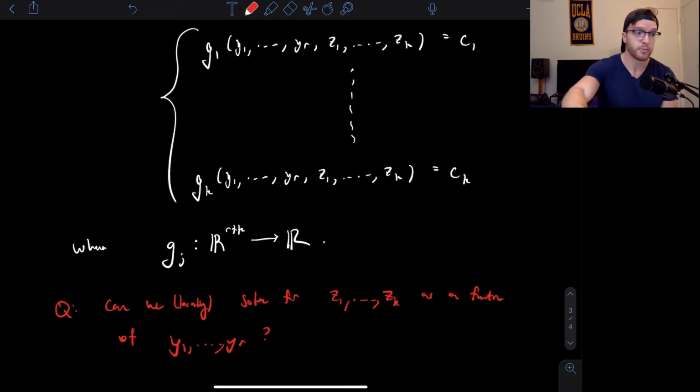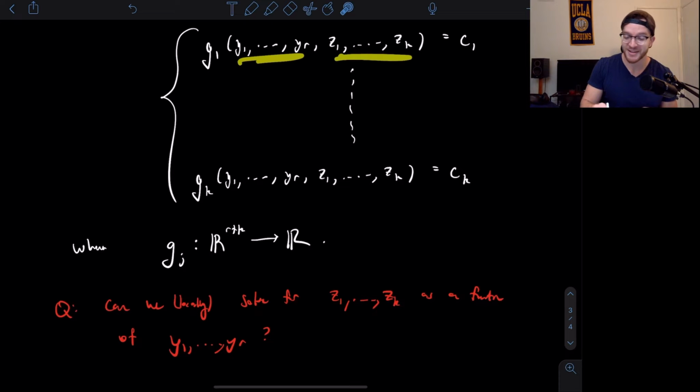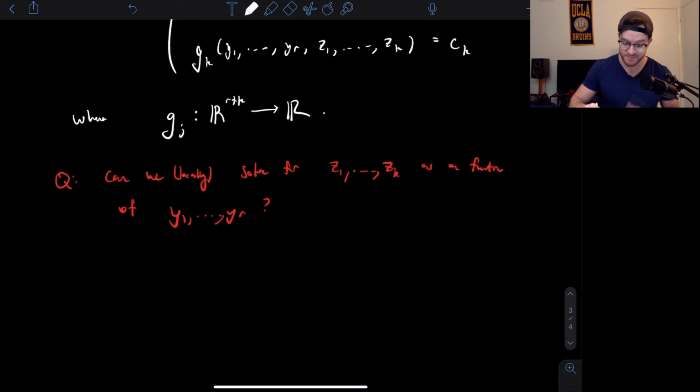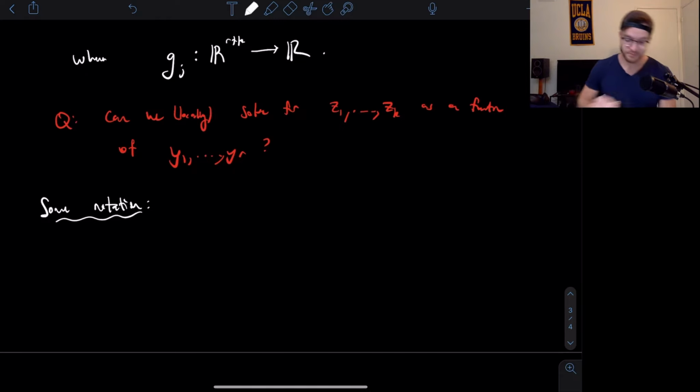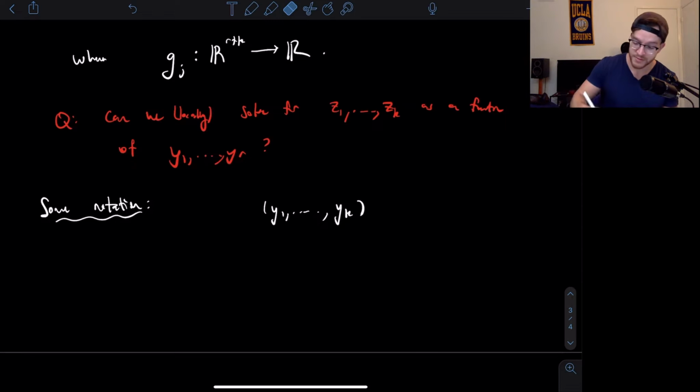Now, to write down the more precise version of the question, I want to introduce some more compact notation, because with this business it gets really annoying writing out all of these variables. So here's some notation. First of all, I could consider the vector of just my y variables, of which I have r, not k.